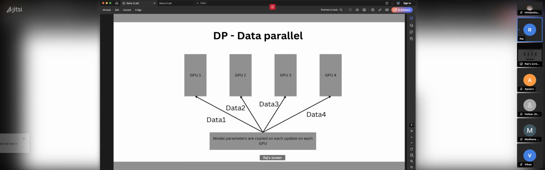GPU1 and GPU2 will have to synchronize among each other to ensure that the activations and forward and backward propagations are correct. But then GPU1, GPU2 as a group will have to sync with GPU3, GPU4 as a group and exchange the gradients to make sure that both groups have the same exact gradient so that the updates can be done properly. So you can think of it as, rather than each GPU supporting one model, you can combine GPU1 and GPU2 to be a single super GPU, and now you have data parallelism inside it as well.